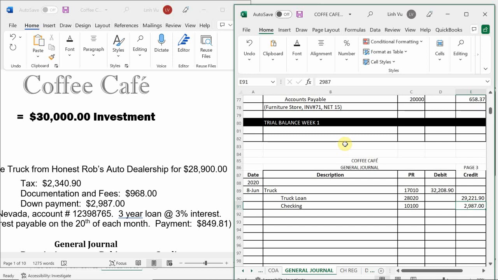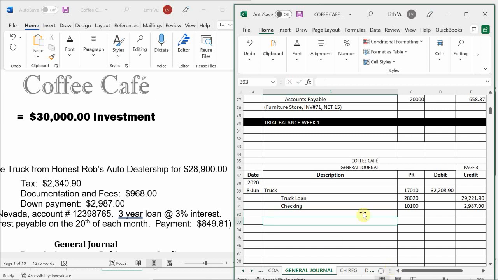But in this case, I made the down payment, which basically covered the sales tax. So I actually owe $29,221.90 on my loan.